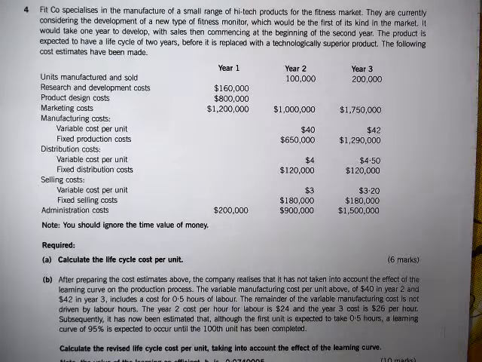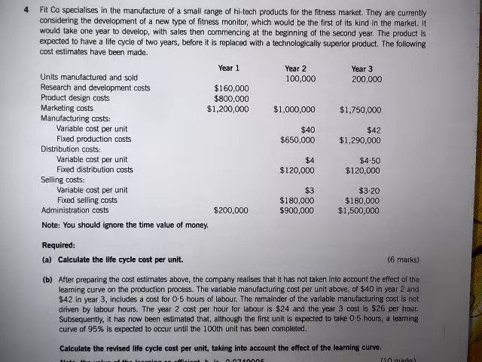Now the product is expected to have a life cycle of 2 years before it is replaced with a technologically superior product, and the following cost estimates have been made. So they give you year 1, year 2, and year 3. Now let's see what they tell us.